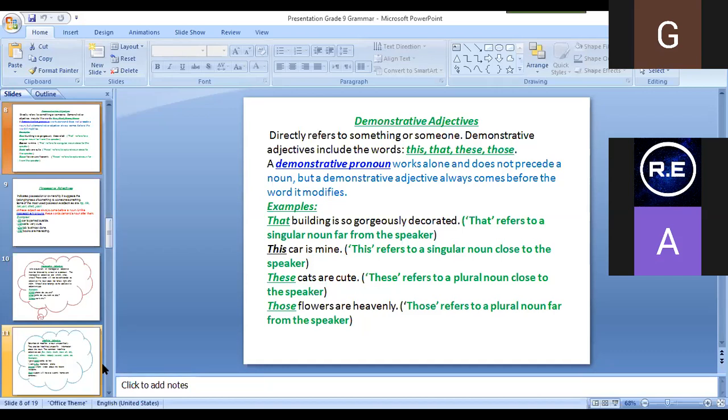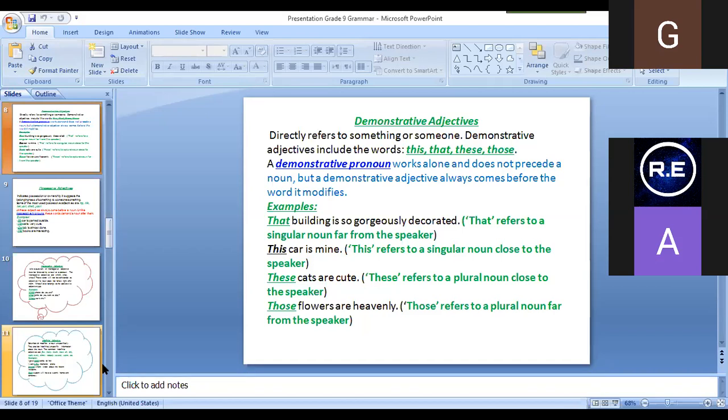Now, with the first example, that here refers to what? To the noun, a singular noun. It's far from the speaker. It's that, it's not this. So now I'm making it stand out. I'm pointing it out for you.